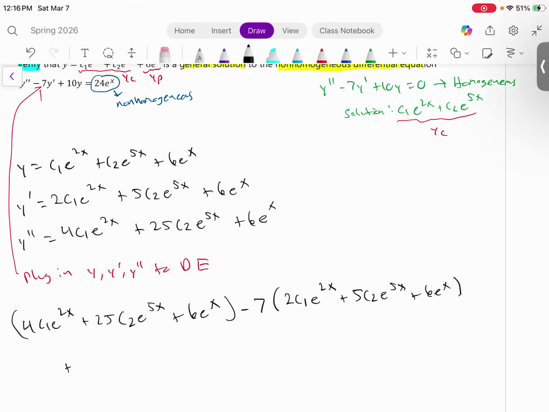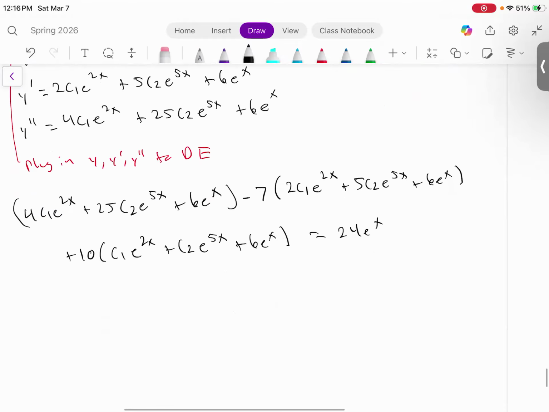So this would be plus 10 times c1 e to the 2x plus c2 e to the 5x plus 6 e to the x. And it all equals 24 e to the x. Okay, quite a long one, but I think things are going to simplify out quite nicely.